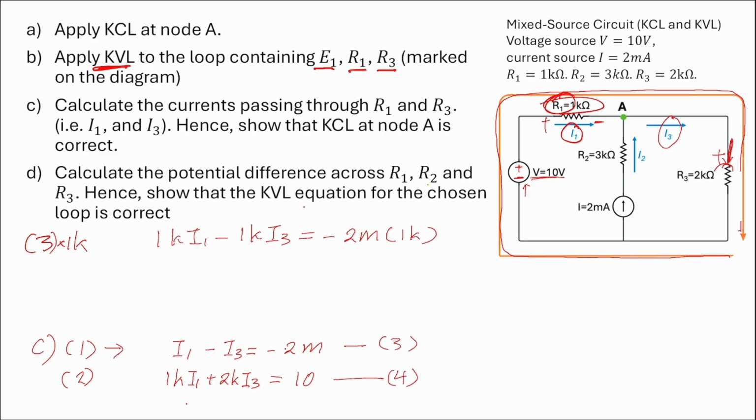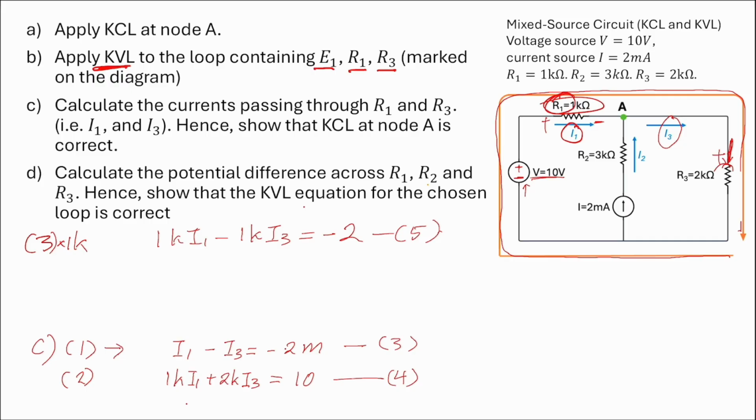We can see m here represents 10 to the minus 3, and k represents 10 to the power 3. So when they multiply, they equal 1. It means the right hand side here is actually equal to 2. So we can simplify this one. This is equation 5.